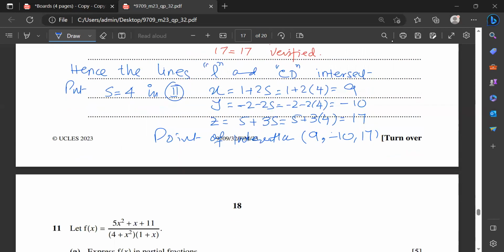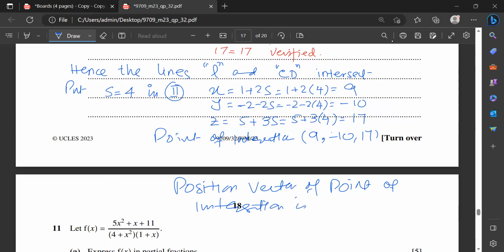So the position vector of the point of intersection is 9, minus 10 and 17.